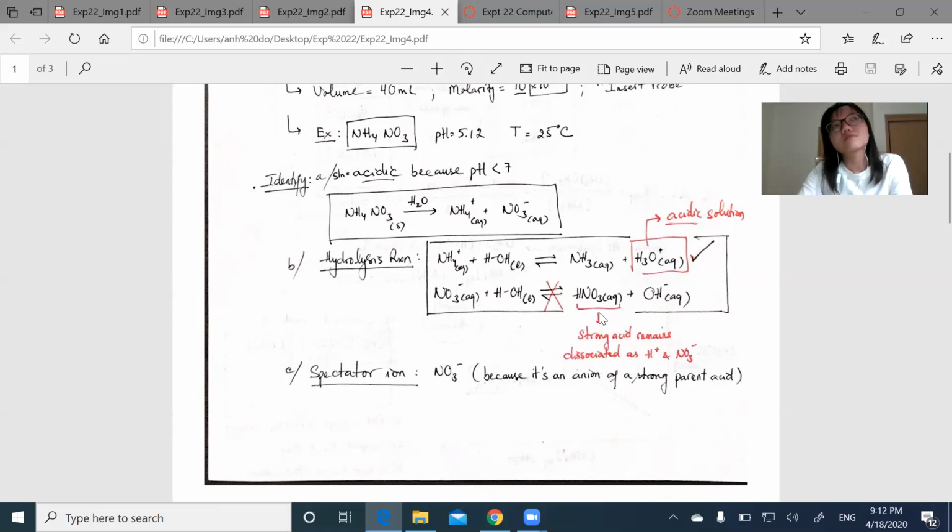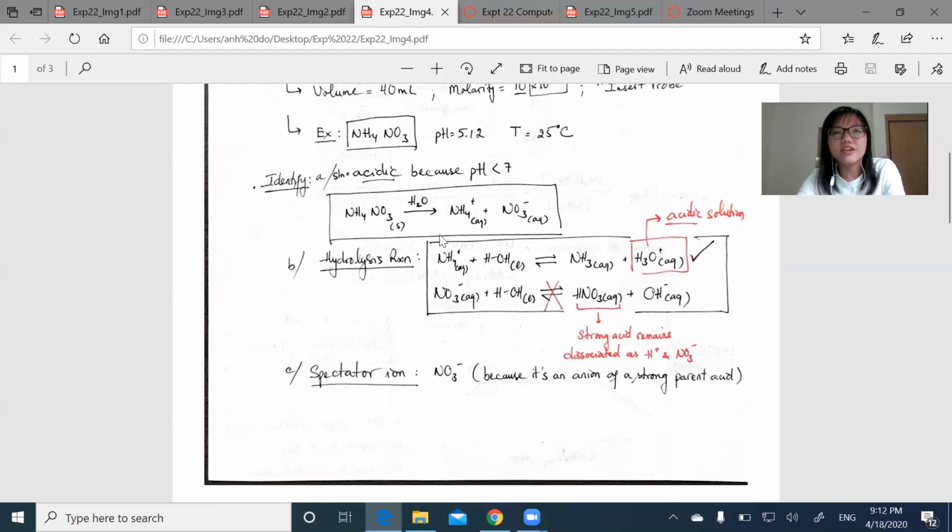There are just 6 strong acids to remember: HCl, HBr, HI, nitric acid, sulfuric acid, and perchloric acid. The strong base would be any base that ends in OH, like sodium hydroxide or lithium hydroxide. Because we are seeing a strong acid right here, you know for sure it's going to dissociate into H+ and NO3-, and it will not be retained in this form. That's why you can just cross out this equation.